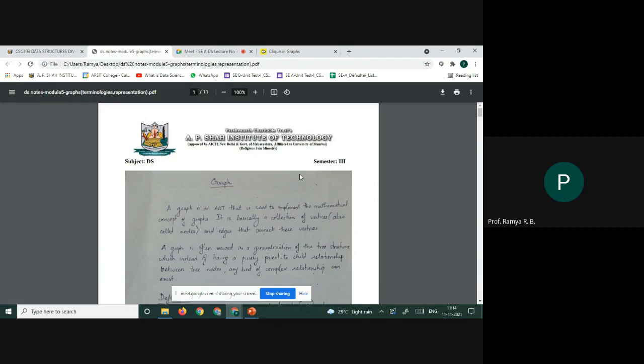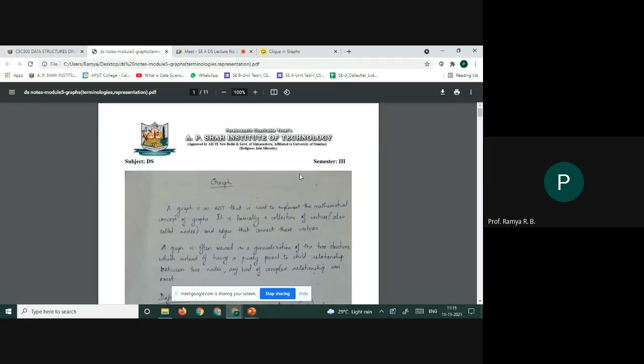So as you all know, graph is a linear or non-linear data structure. Non-linear data structure. Right. In this subject, so far you have learned 3 linear data structures and 1 non-linear data structure.